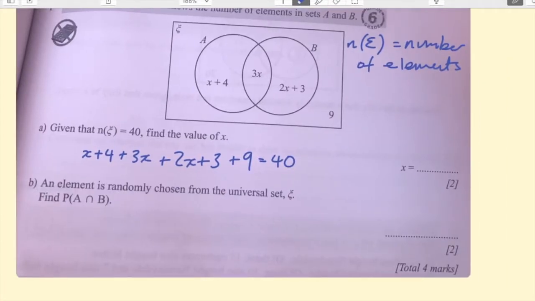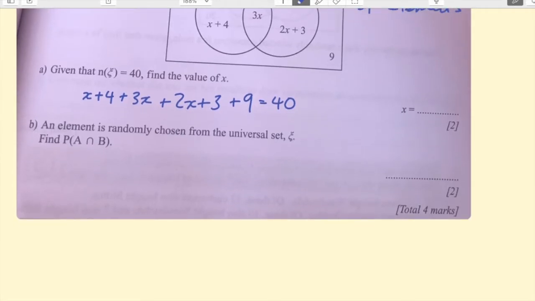And you can see here, what do you think my next step is with this equation? Would you simplify it? Simplify, exactly. So I can take the x's, so there's 1x and then 3x's and 2x's, so that makes 6 lots of x. And then I can add the 4 and the 3 and the 9, that's going to be 16.